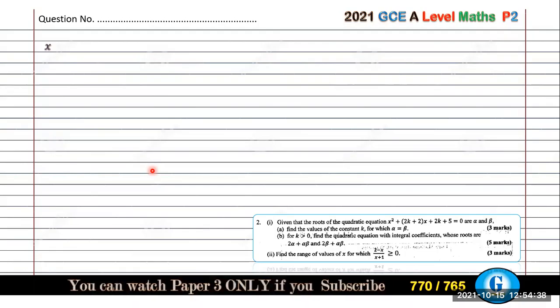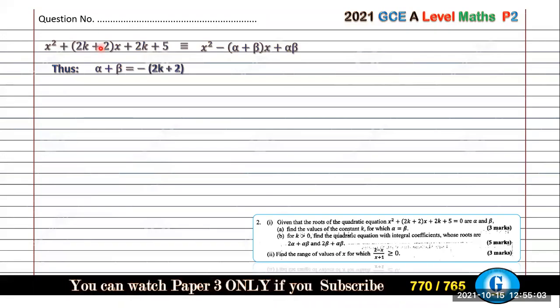Normally the general form of the quadratic is x squared minus sum of roots plus product. So this quadratic here should be identical to x squared minus the sum of roots, which is alpha plus beta, plus the product, which is alpha beta. From this point, our alpha plus beta, that sum of roots, should be equal to minus (2k plus 2).